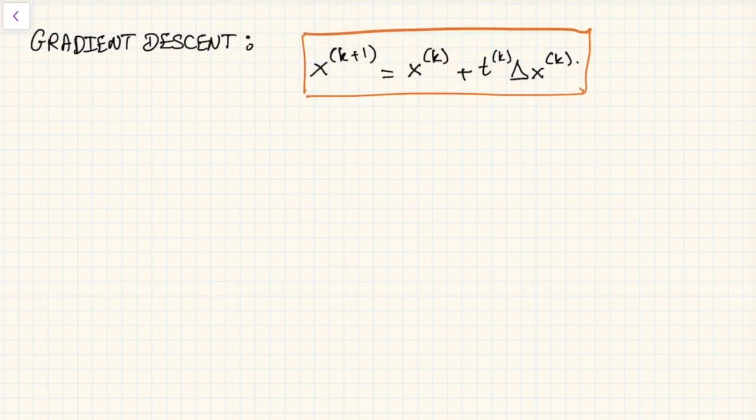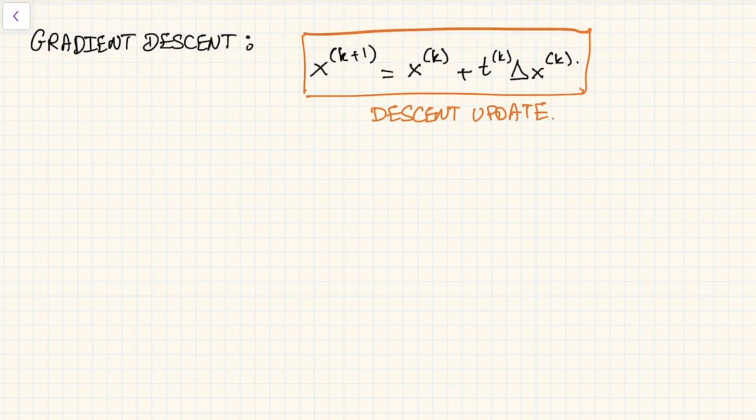Gradient descent is one type of descent method, and as we said, they minimize your function step by step according to the following update or recursive equation. So xk plus 1 is your previous x, that is xk, plus tk times a step on x, delta xk. This is the descent part. This is actually referred to as the descent update.